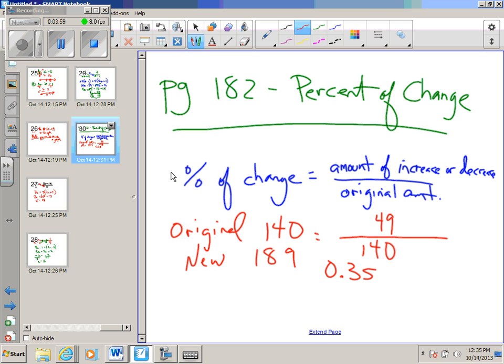How do we convert decimals to percents? So we would call this a 35% since it went larger. 35% increase.